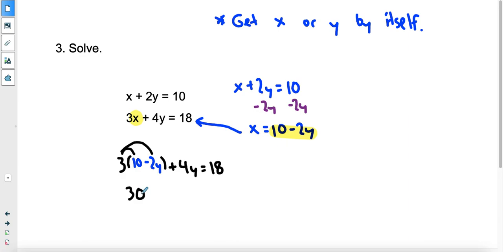Next, I'm going to multiply the 3 by negative 2y. 3 times negative 2y is negative 6y. Plus 4y is equal to 18. Next, I'll notice negative 6y plus 4y is equal to negative 2y.